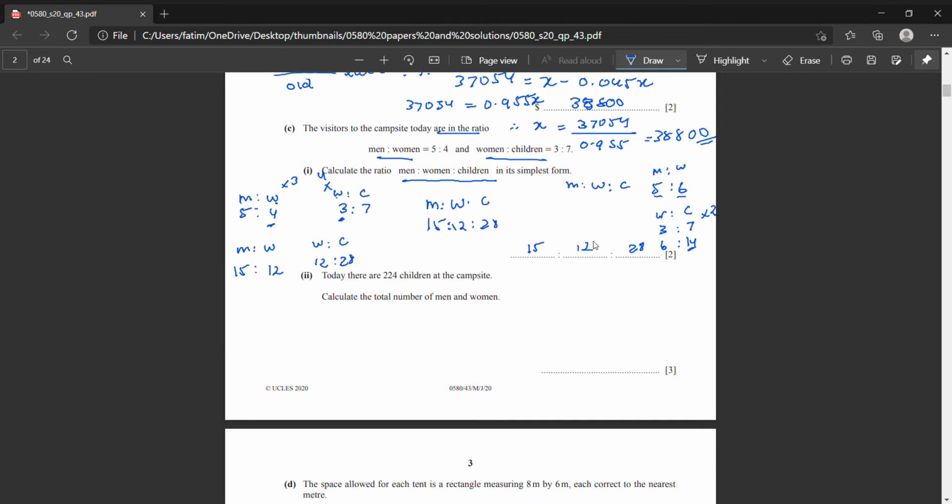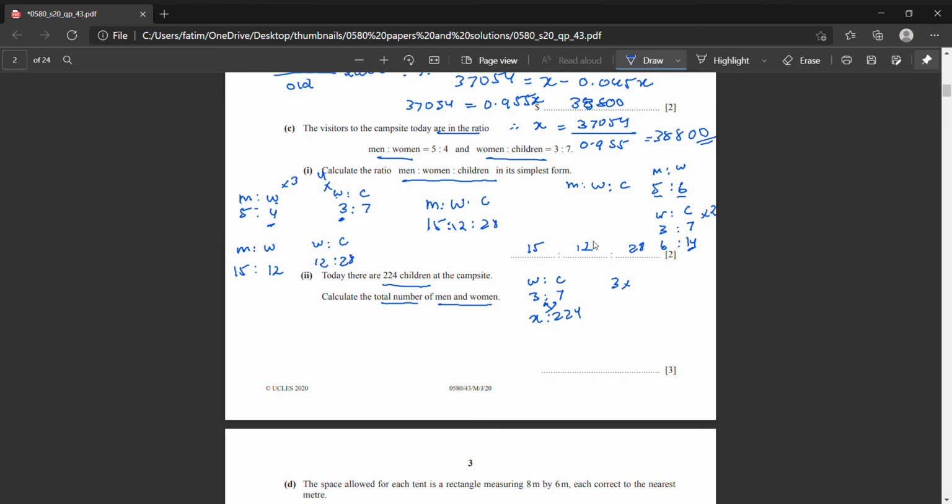Now today there are 224 children at the campsite. Calculate the total number of men and women. Okay, so I'll be referring to this ratio in the question because it's a lot simpler. So first I'll calculate women. So women to children over here is 3 is to 7. Now if there are 224, women would be x. So you have to cross multiply.